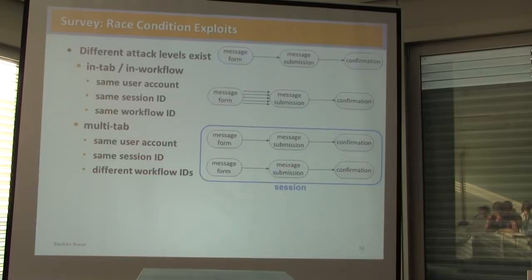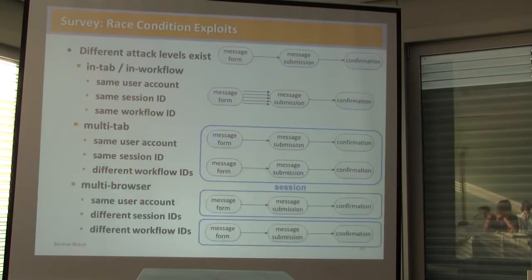And this, on server side, means that if a protection takes care that one request is not processed more than once, it does not help here, because these requests differ in some of the parameters. And finally, this can also happen cross-session, which means if I'm able to log into my user account with two browsers in parallel, I finally have two sessions with two session IDs.